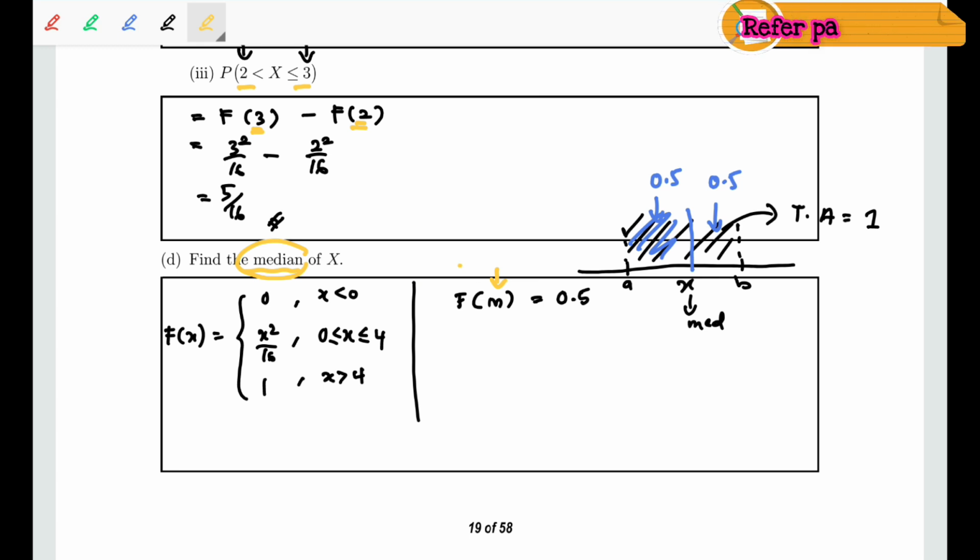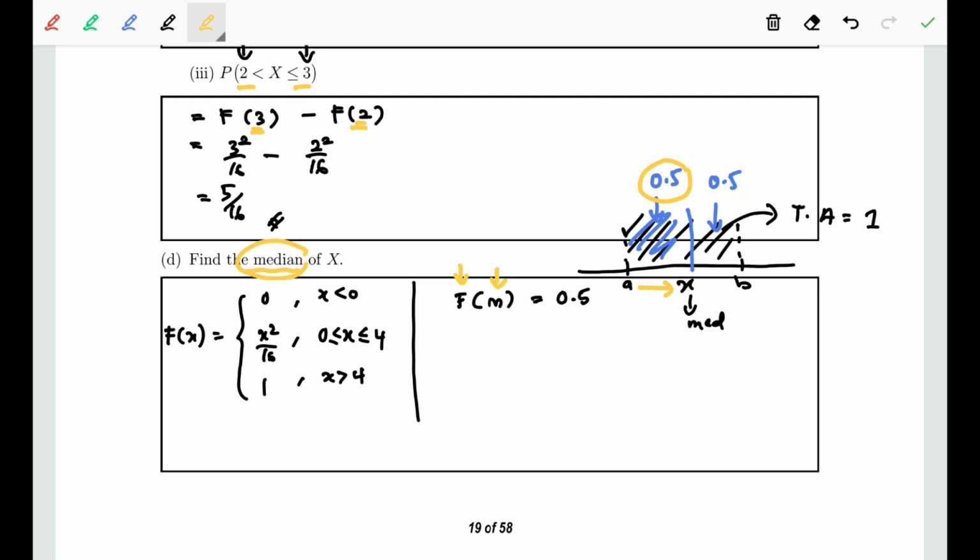Why capital F? Because capital F refers to the cumulative. We want to cumulate from the beginning until what value of x, so that the total area is 0.5. So this is F of m.